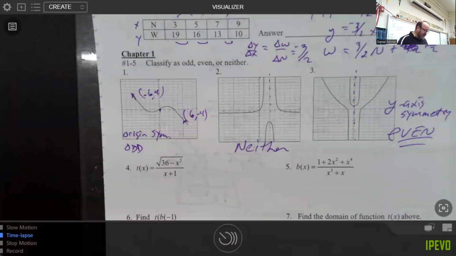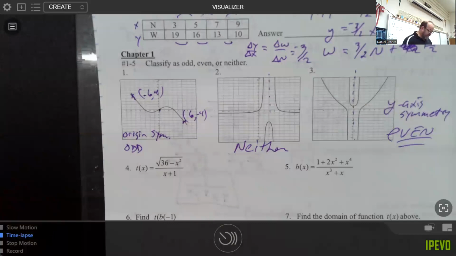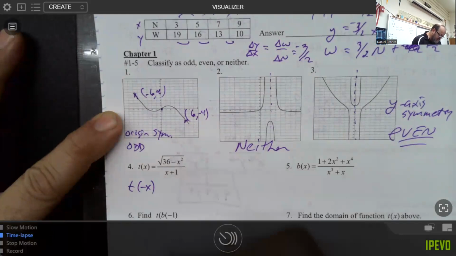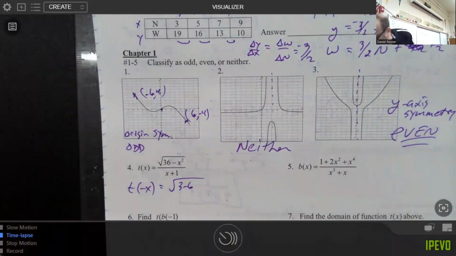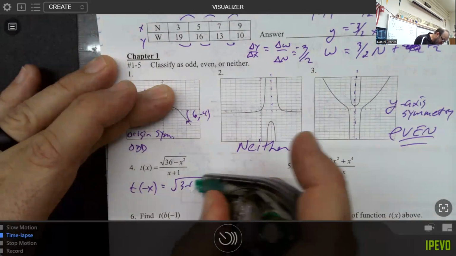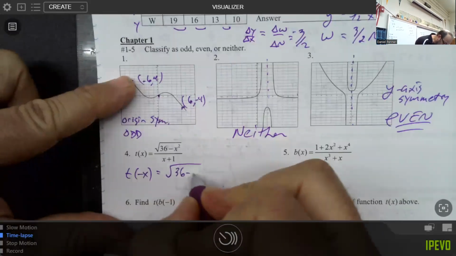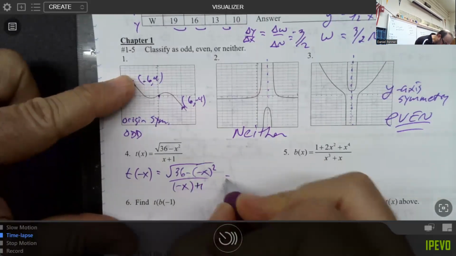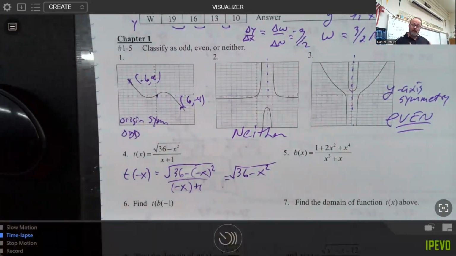Okay. Now moving down to this next part. That's the portion where you just simply look at it. But down here analytically, what I need to do is look at t of -x. And if I did that, I have 36 minus -x² over -x plus 1, which is, hey, well, the first thing that happened right there, which is awesome, is that it came back, which is kind of what you want to have happen.